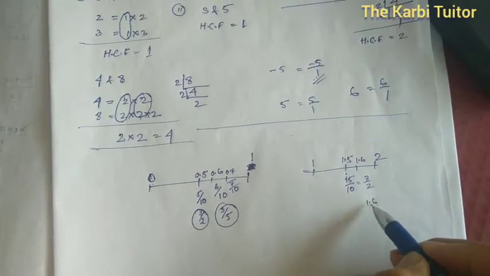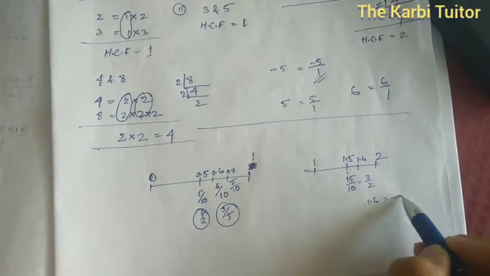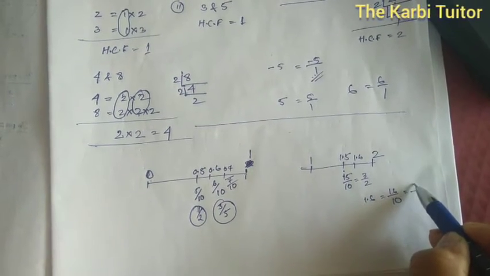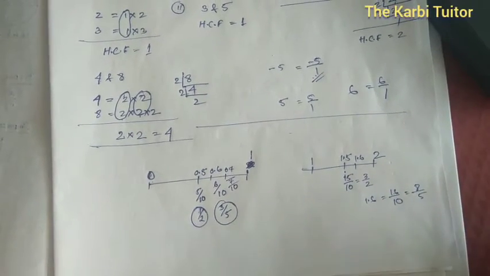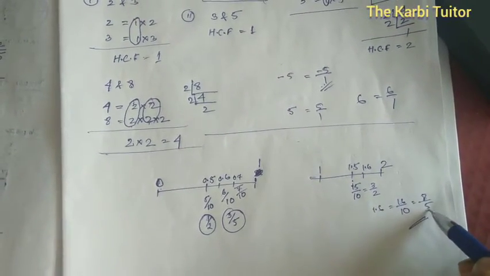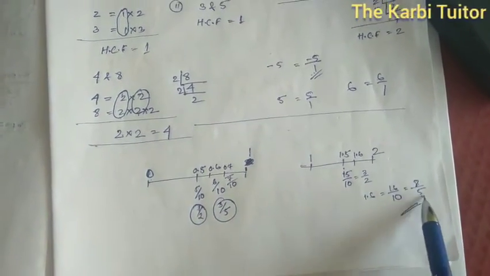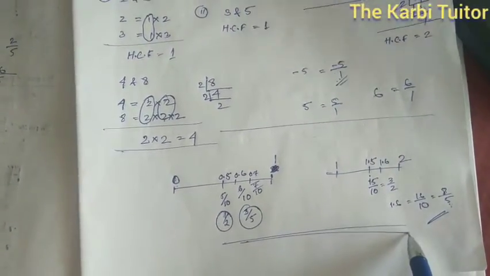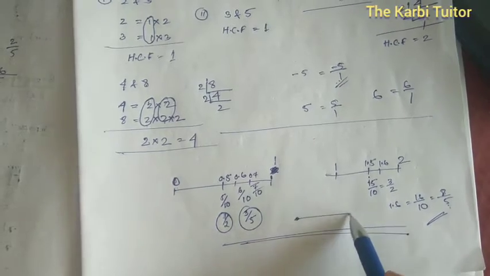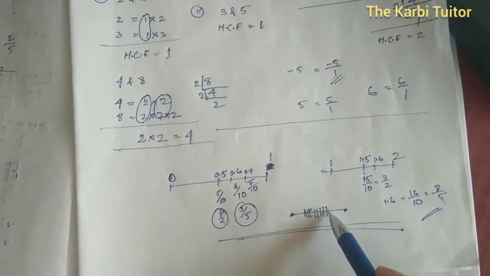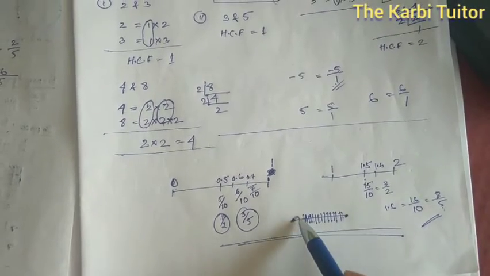So 1.6 means 16/10. So this will be 8/5. This is also another rational number, p by q, where q is 5. So between any two rational numbers we can find infinitely many rational numbers.